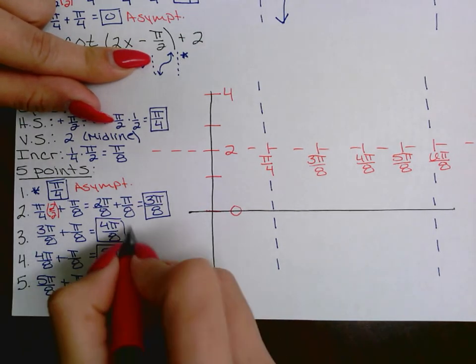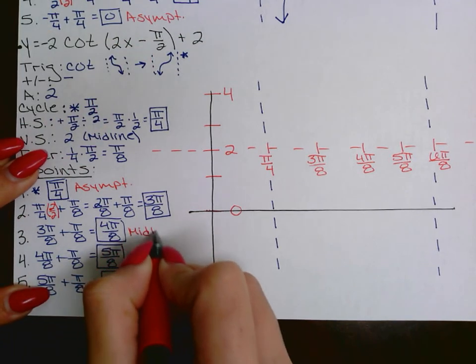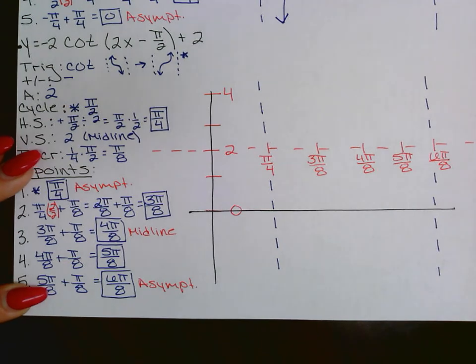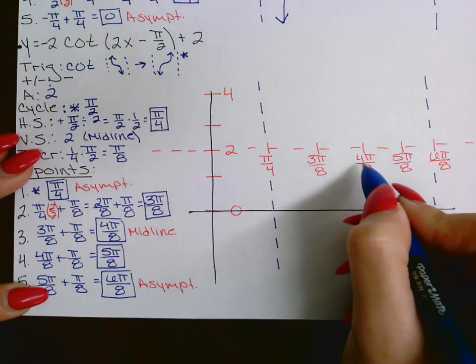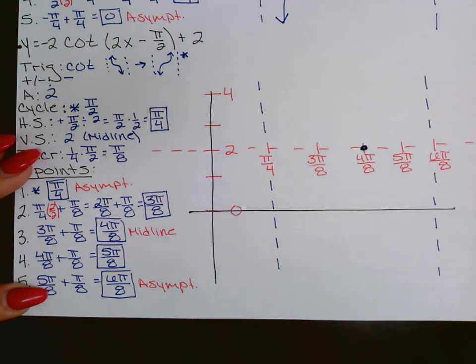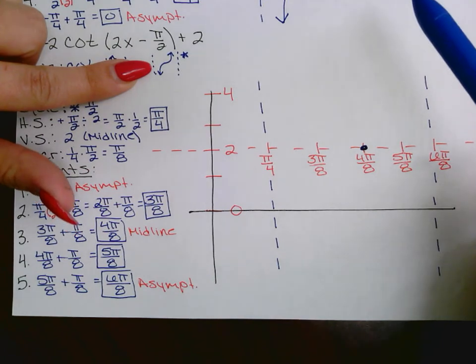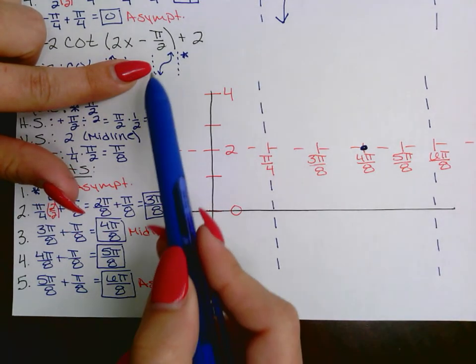My middle point, the third point, is where I hit my midline. Okay. So my middle point was 4 pi over 8. I'm going to put that dot on the midline. And again, this is going to look just like the last image we drew, even though it's a cotangent, because of that negative.